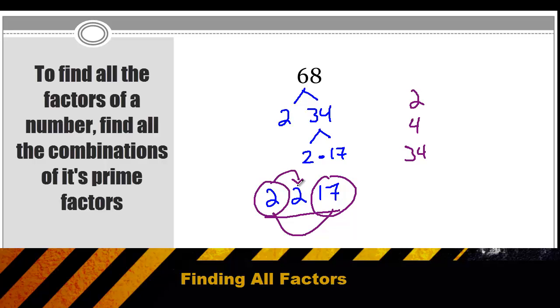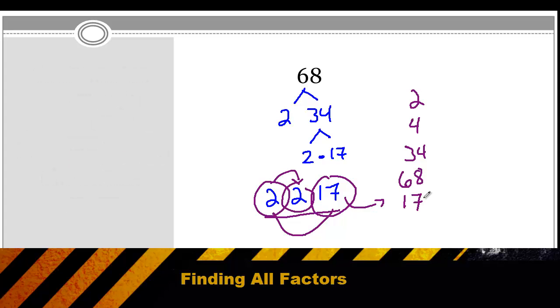Or I can multiply everything together and I get 2 times 2 times 17, and I get 68. So 2, 4, 34, 68 are all of the factors of 68, while 2 and 17 are simply the prime factors. Oops, and it looks like I should have added 17 to my list, but you get the idea.